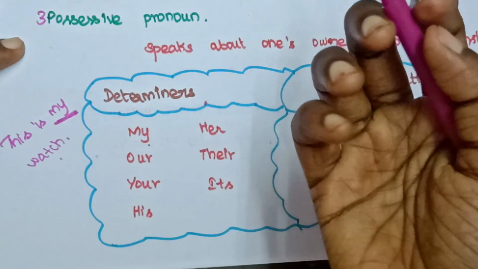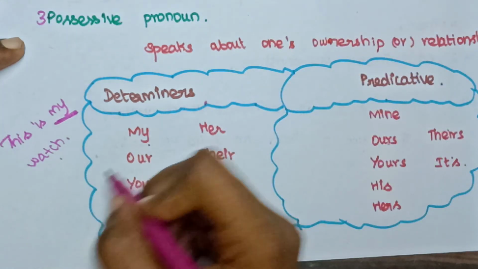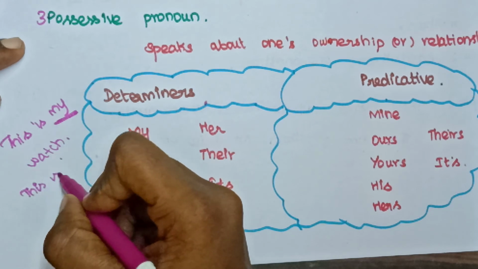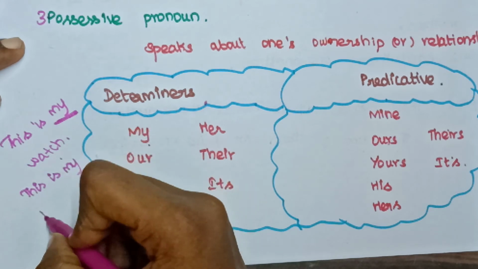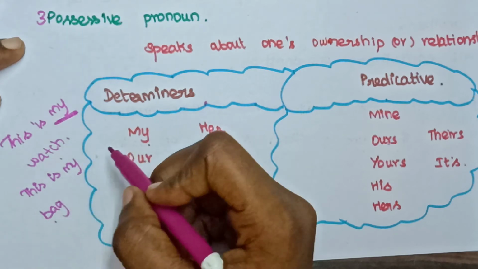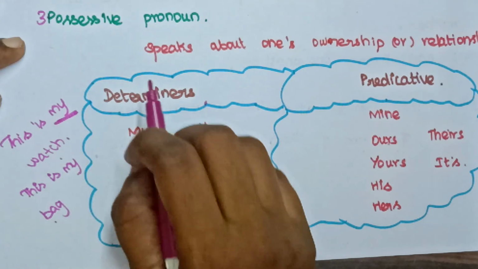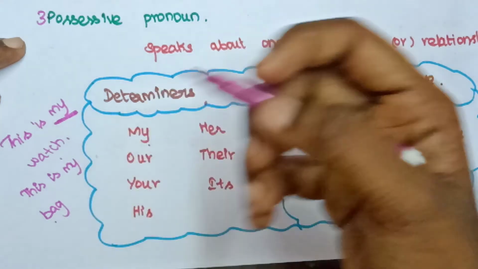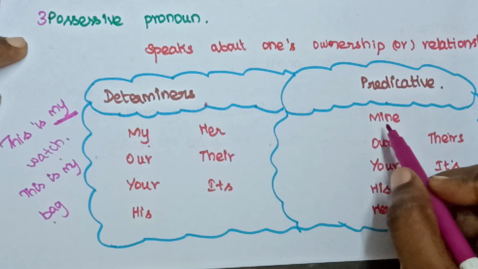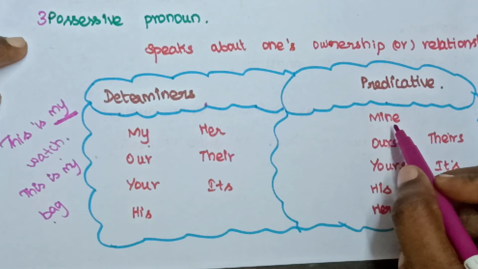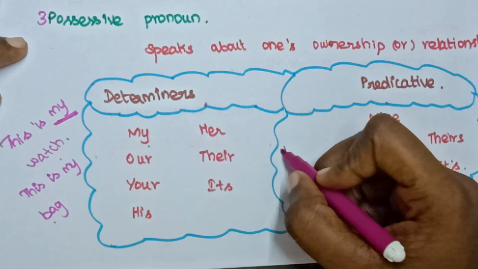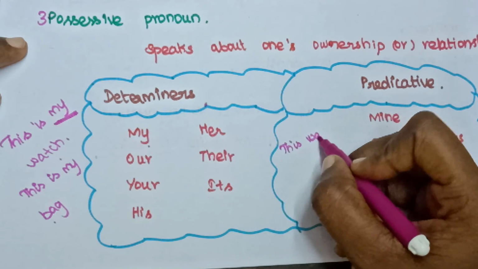See, for example, another example: this is my bag. See, it is followed by a noun. So determiners will always be followed by a noun. See, in predicative, if you want to say a possession, mine is the word given here. If you want to say a possession, what will you say?